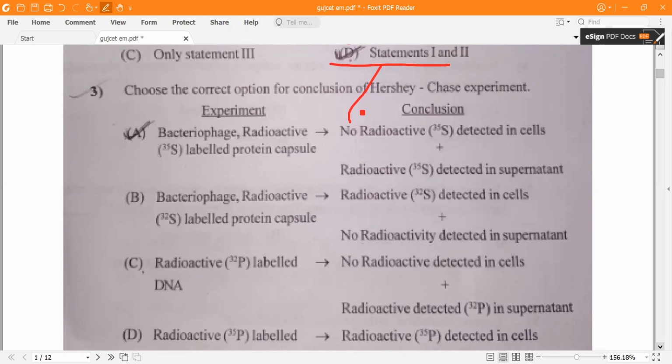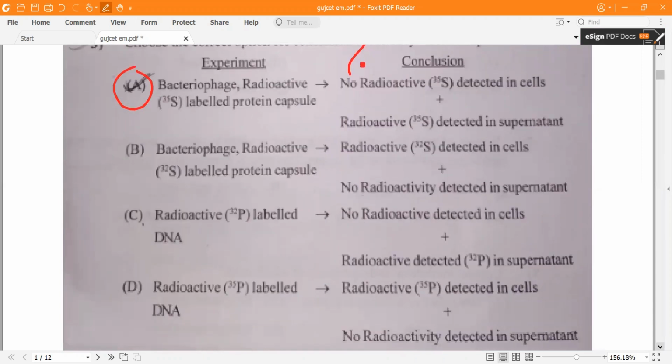So with sulfur labeled, there is no radioactivity in the bacterial cells, while it is detected in the supernatant. Is it true? Yes, it sounds true. We can look at the other options. Over here, detected in cells, no, it is wrong. Here it is also wrong.